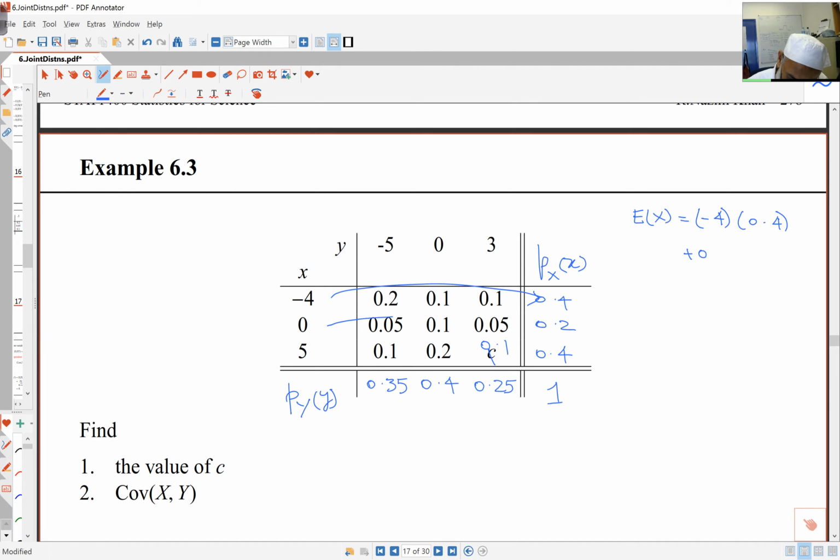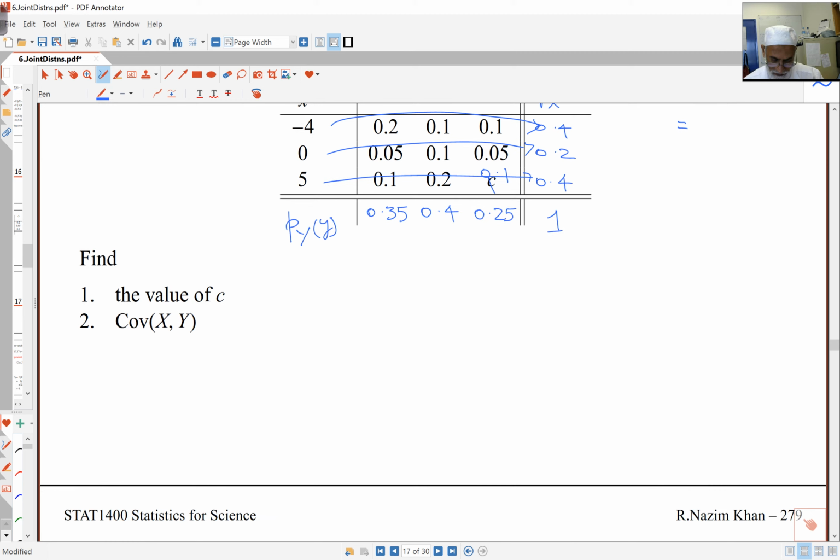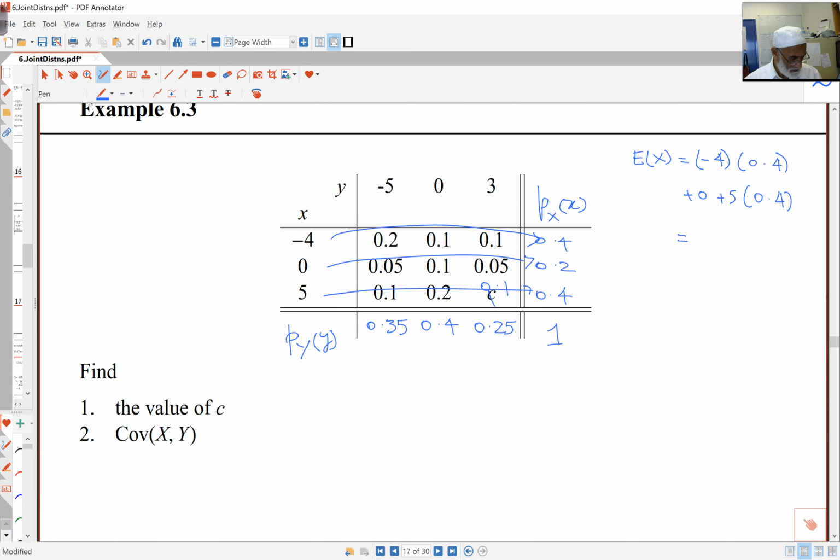The 0 gives me 0 and I multiply with 0.2 and I get 5 times 0.4. So I do the sums over here. Let me check in my numbers. You'll find that's 0.4.